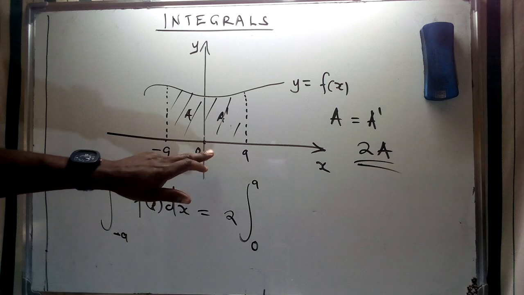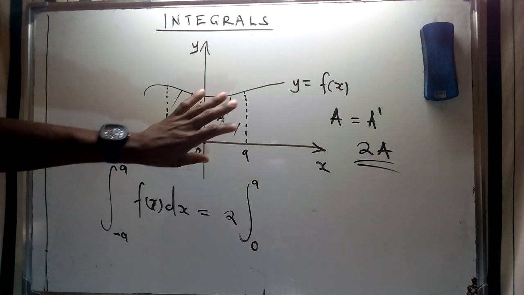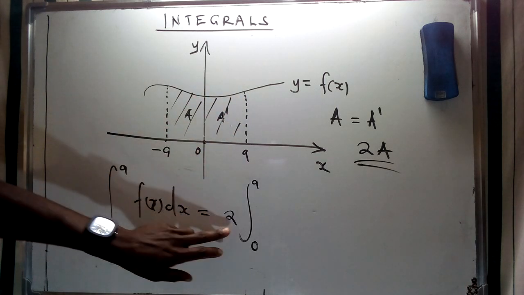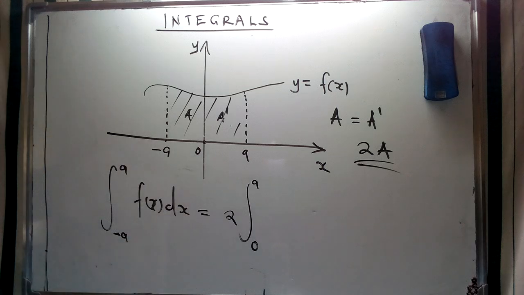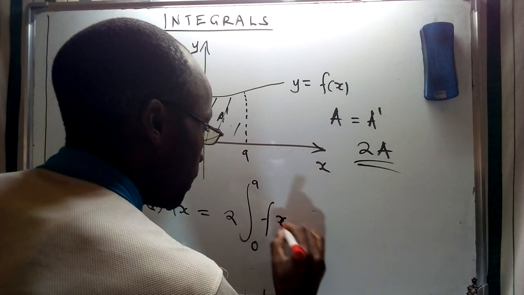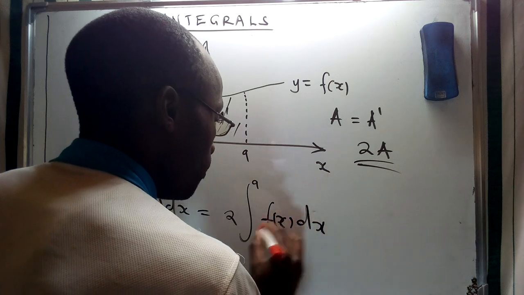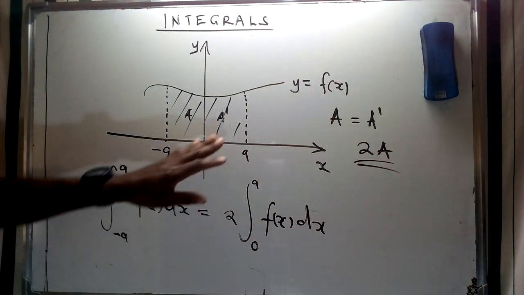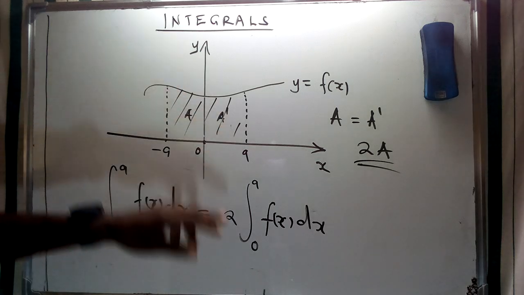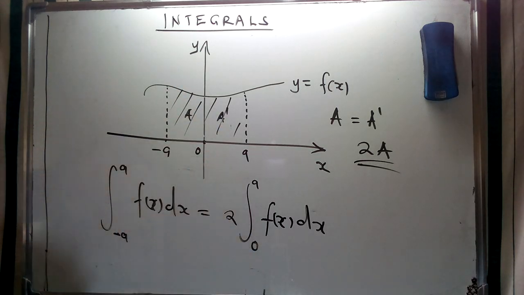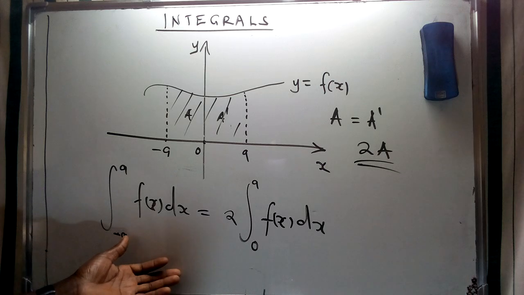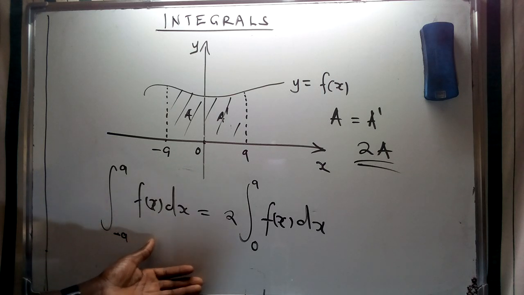This implies that we have taken the area of one portion and multiplied it by 2, which forms our constant multiple outside the integral sign, and then we find the area of one particular region, perhaps A or A prime. This represents the same interpretation for this interval, and it is applicable especially if we have what we refer to as an even function.